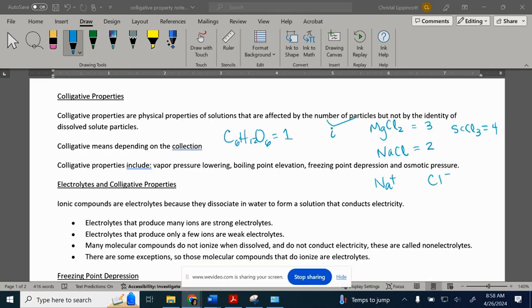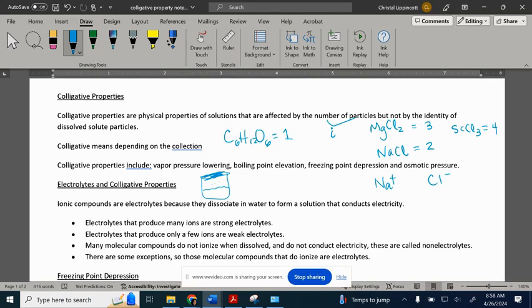So these different colligative properties, then, you're going to have vapor pressure lowering. So we talked about how you would have a sealed container, and if you had a liquid in there that is now a solution, less of that will go up into a vapor causing pressure than if you had a pure substance.